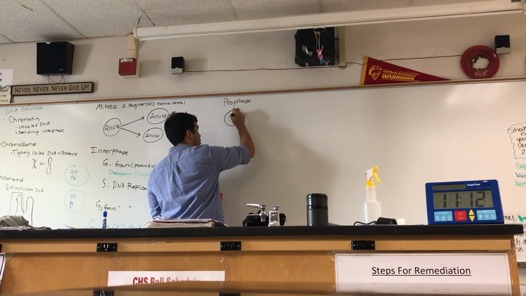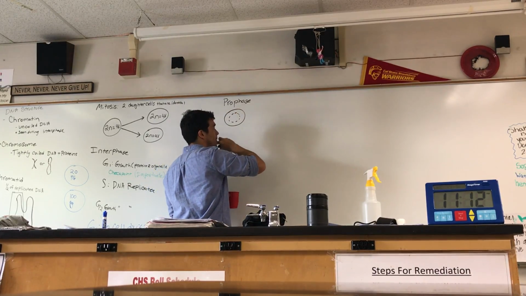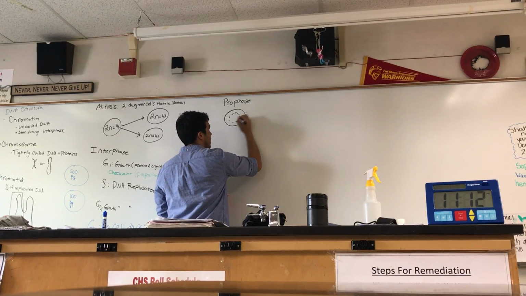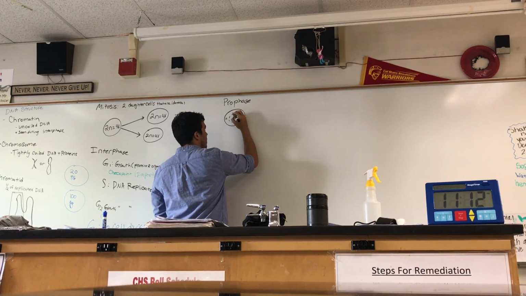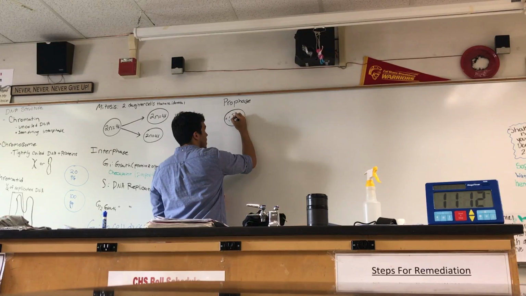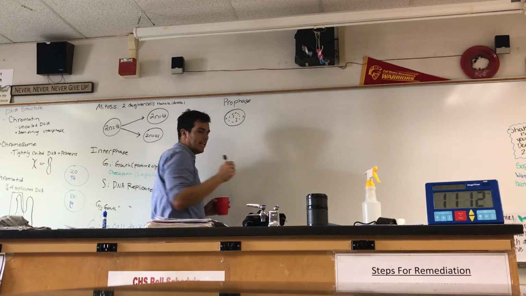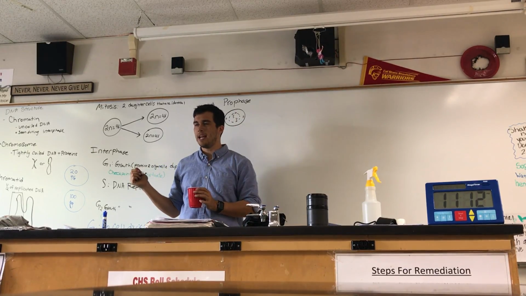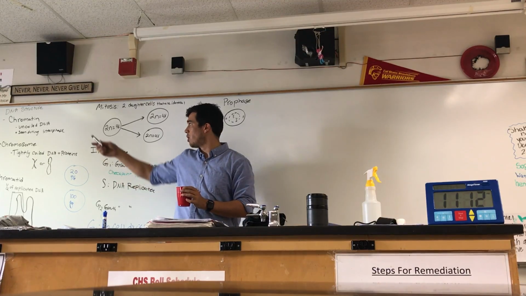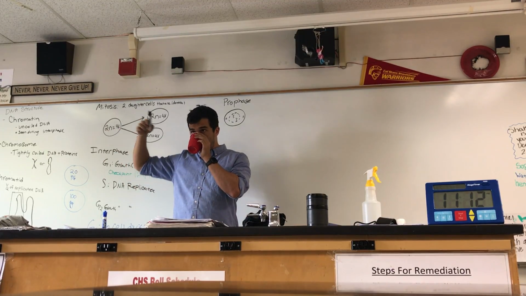The nuclear membrane starts to dissolve. I have my centrioles that have formed. I've got my chromosomes in here. Something big happens. In interphase, what was the DNA? The DNA was in which structure? Chromatin.